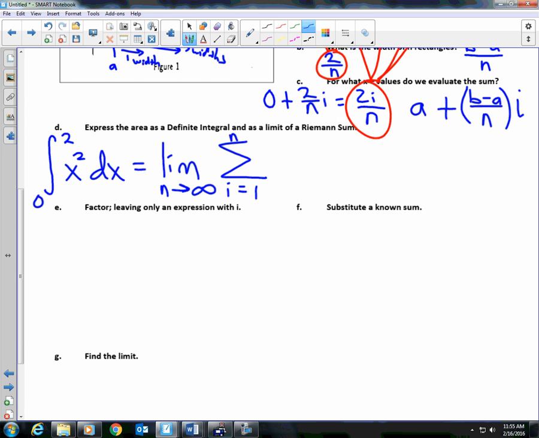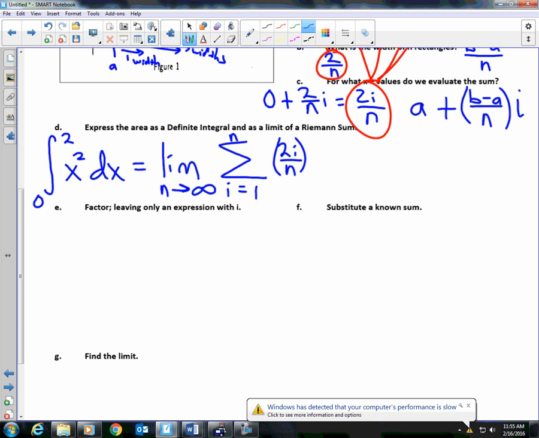What's the expression up here that tells me where we evaluate the heights? 2I over n. That's my x sub I. What do I do with that? You plug it in. So if I plug that into my function, I will square it, times delta x. What is the width of each rectangle? 2 over n.